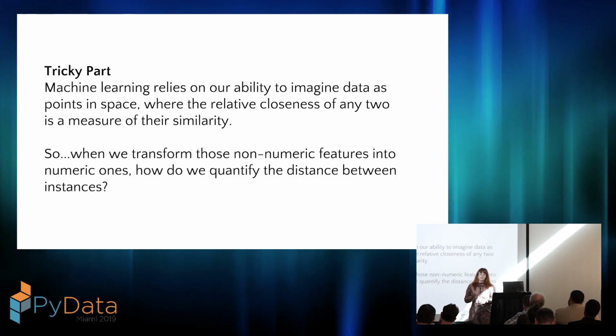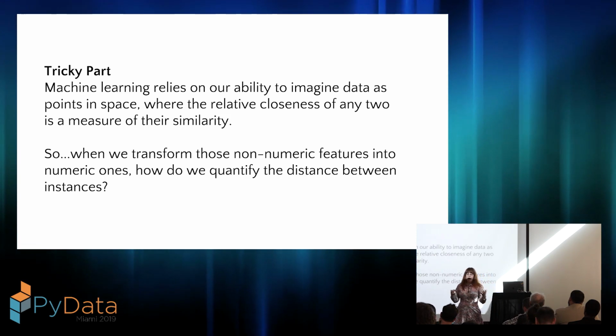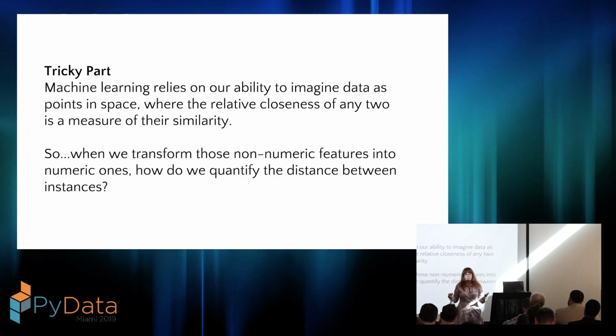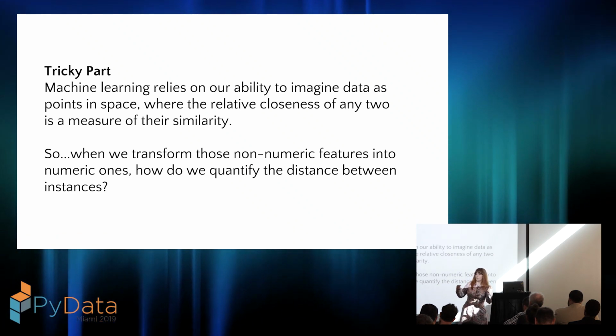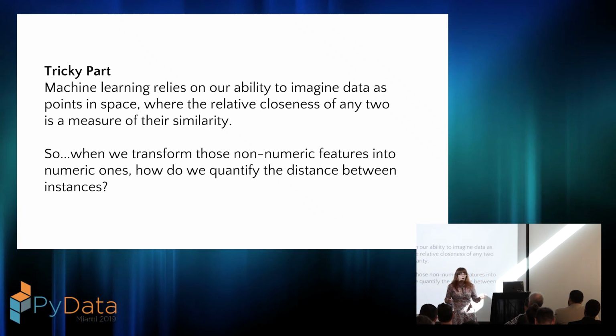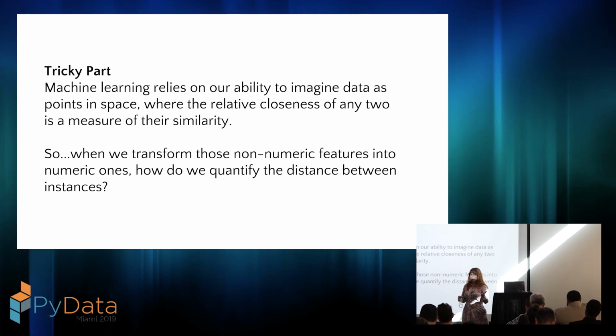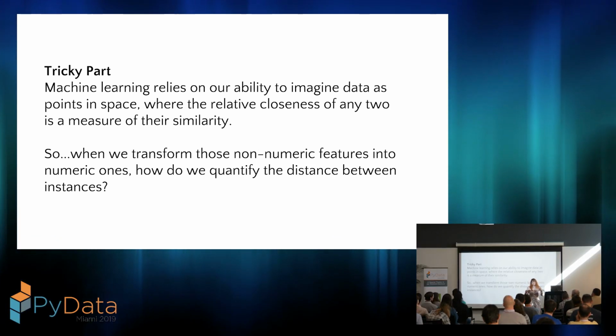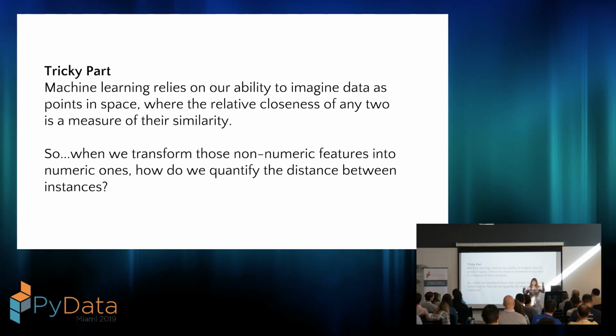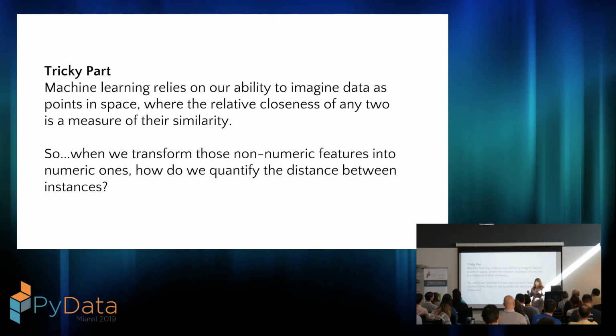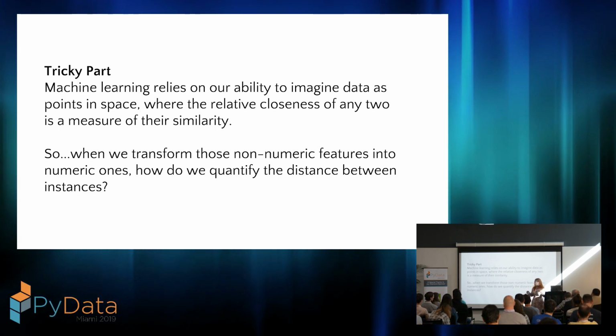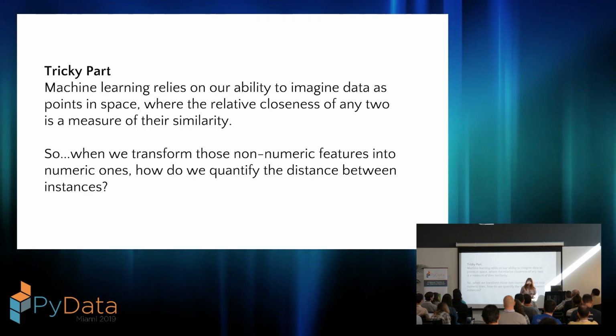When we're looking at the distance between two tires that are represented in terms of the speed at which they were tested, how far they traveled, and how much chemical preservative, there's a maybe intuitive sense of how you would define the distance between any two tires in that training data.